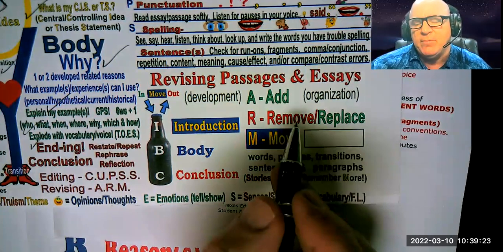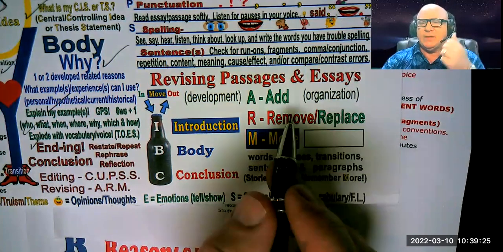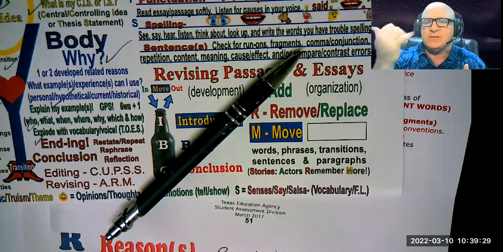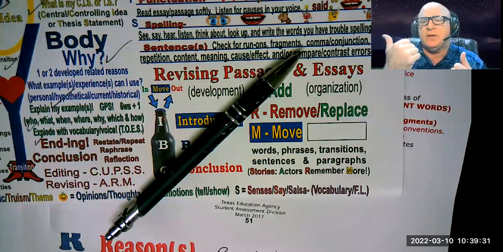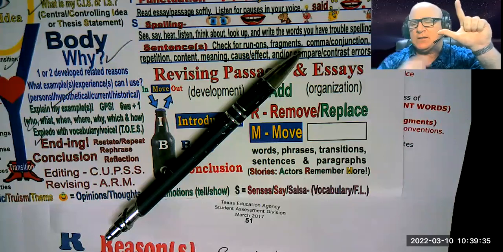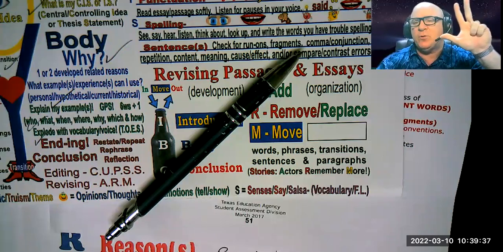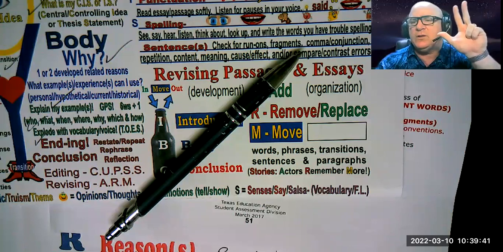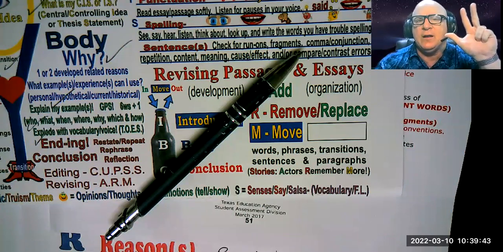If that body paragraph, for example, if this is my first reason and I have 6 or 7 sentences to go with it, awesome. But if my second reason only has 1 sentence or 2 sentences of support, that's not getting pretty specific, because only 2 sentences for a 9th or 10th grader, that's not development.